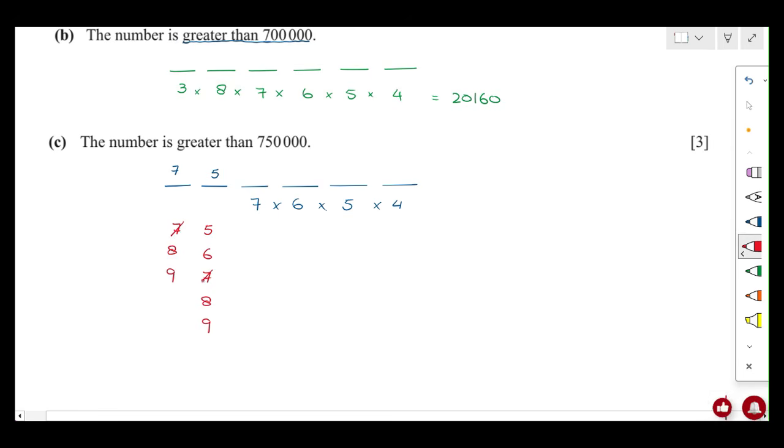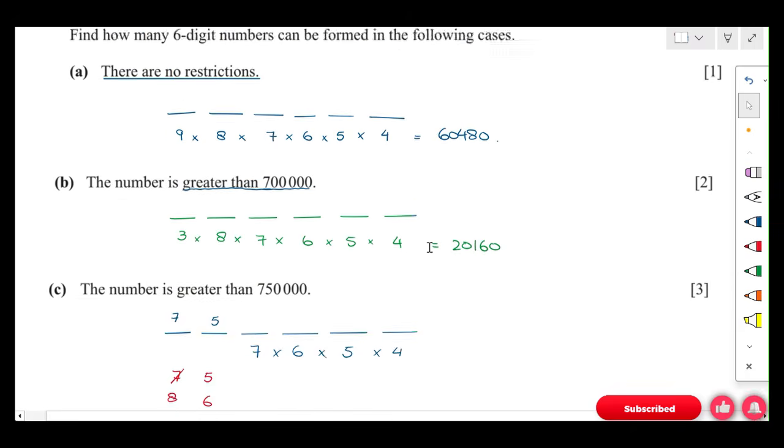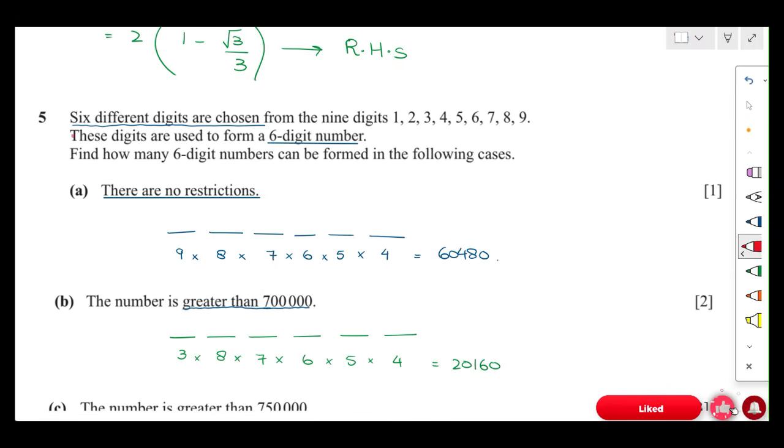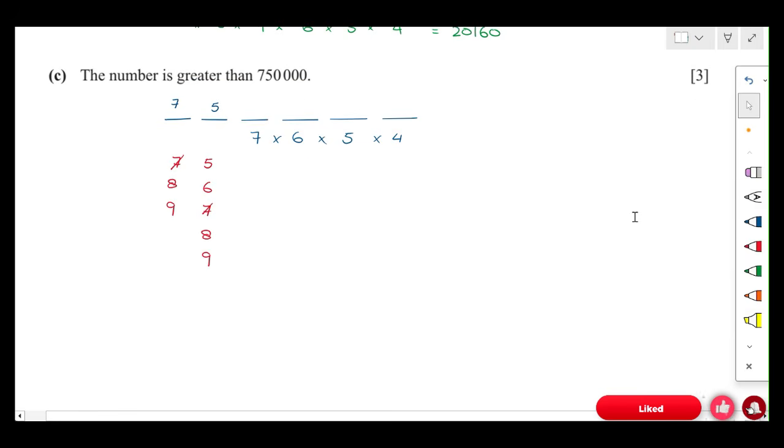If you took 7, then you are not supposed to take 7 again, because 6 different digits are chosen from the 9 digits, so there is no repetition. So we have 4 options for the second digit if you take 7 at the top.